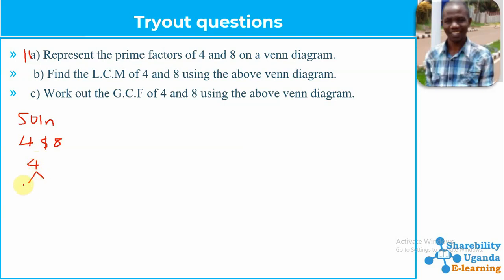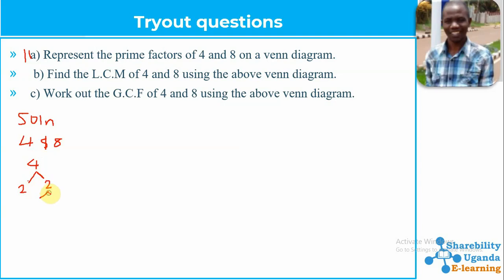4. When you use the tree method, we draw this anchor. In this anchor, we look out for the least number which can divide our 4. We have a 2 here. So 4 divided by 2, we get 2.